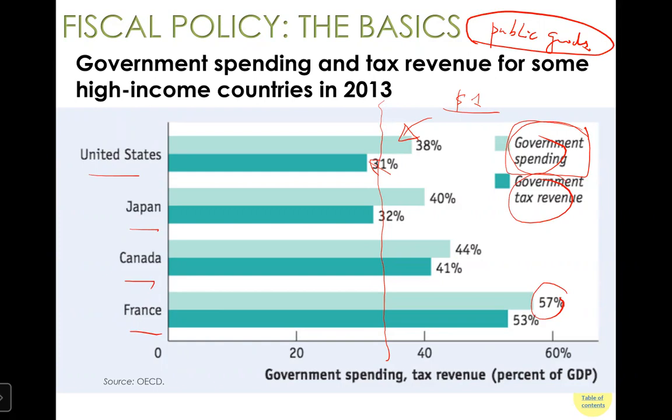The other thing we notice is that for most of the countries, most of the time, their spending exceeds their tax revenue. By the way, you can consider tax revenue like income, and spending is their expenditure. For most of the countries here, and later we're going to look at the United States throughout history, the government has larger expenditure than income.